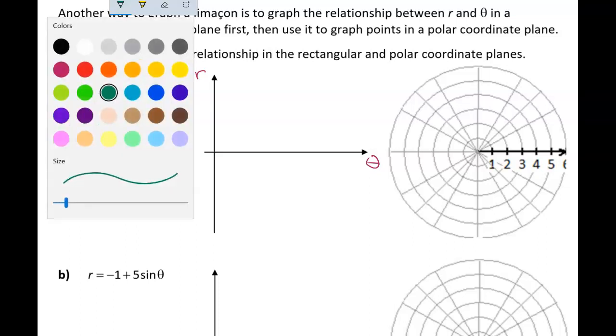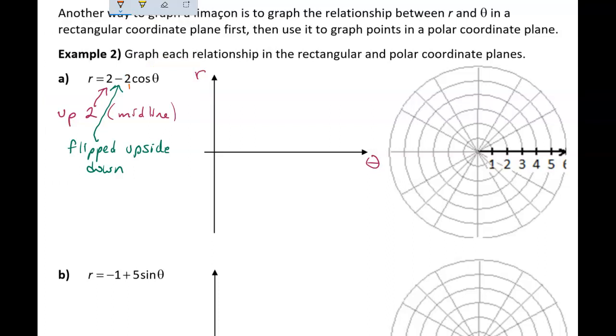And then finally, that last coefficient there, times 2, that's a vertical stretch. Or it means instead of an amplitude of 1, the cosine has an amplitude equal to 2.